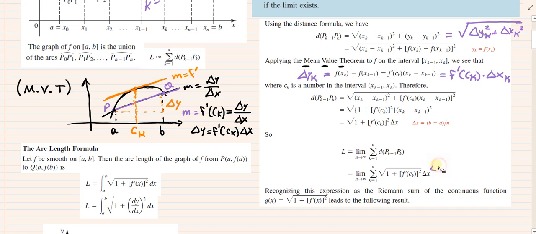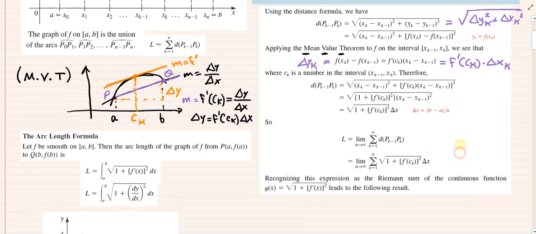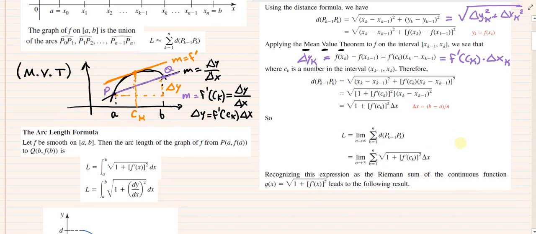And indeed, if you look at the limit of the Riemann sum, we recognize that again as the definite integral, right? And from here, that's going to bring us to that definition of the arc length. So they call it the arc length formula. So in this case, we have let a function f be smooth. Now, the word smooth here is a technical term for us, remember?